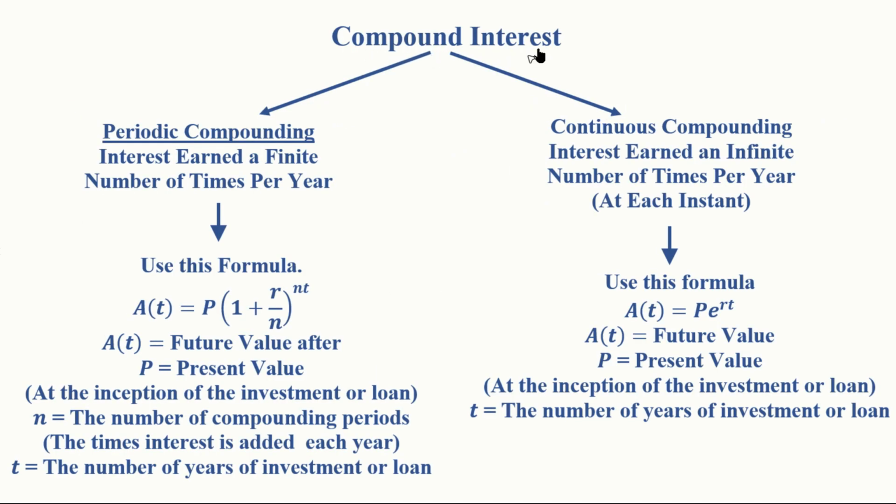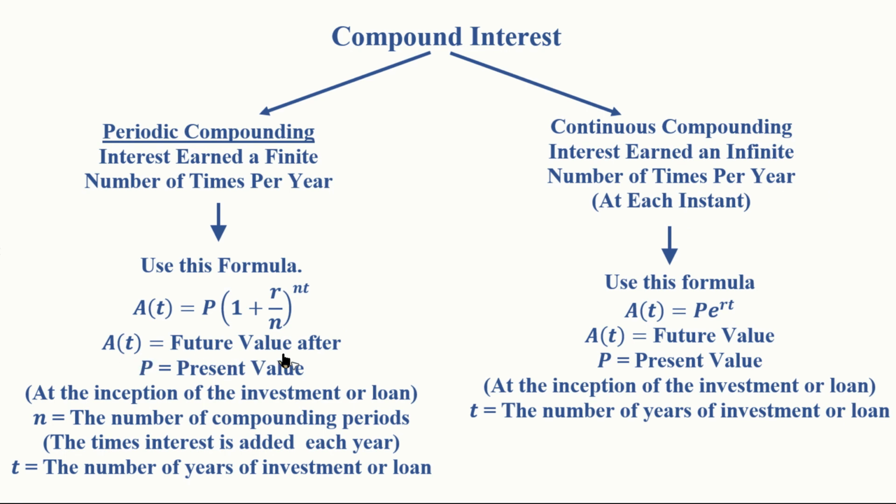So remember, compound interest comes in two flavors: periodic compounding or continuous compounding. For periodic compounding, interest is earned a finite number of times per year. For continuous compounding, interest is earned an infinite number of times per year. That means at each instant.